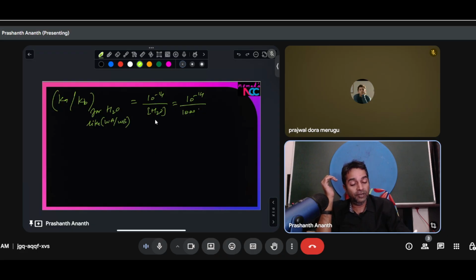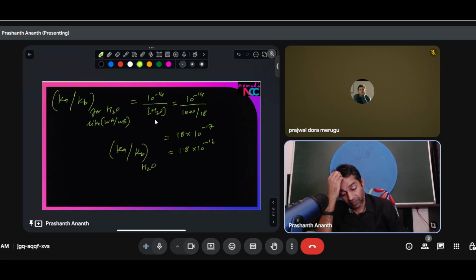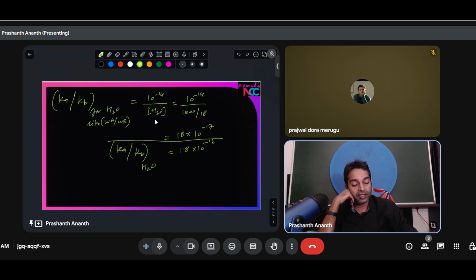Sorry, 1000 divided by 18. So 18 will go to the numerator here. So it works out as 18 into 10 power minus 17, which is 1.8 into 10 power minus 16. So we can say Ka or Kb, when you are comparing for water as a weak acid or a weak base, both are going to be the same because it produces both H plus and OH minus at the same time. This is the value you are going to have for Ka or Kb comparison.